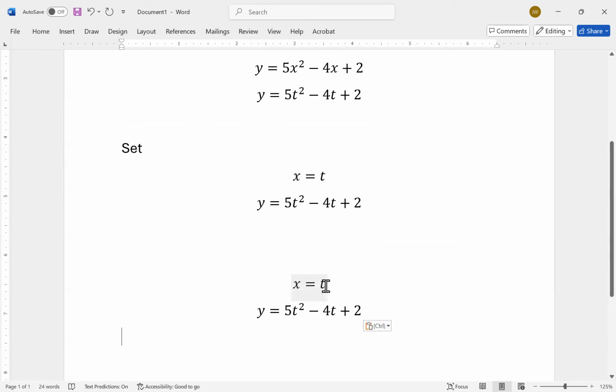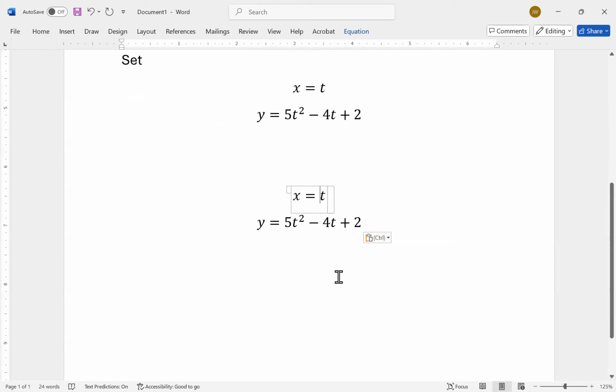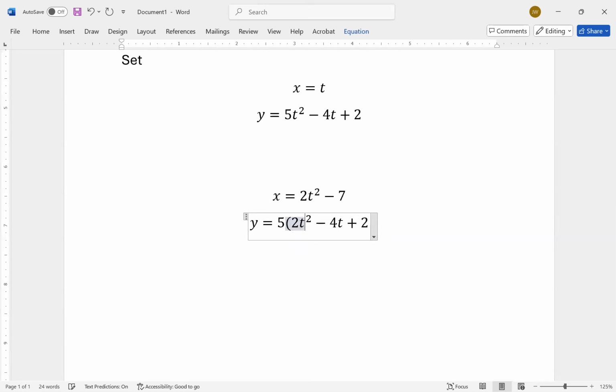So if I set, for instance, x equals 2 times t squared minus 7, then what I could do is replace every x with a 2 times t squared minus 7. Or any other thing.